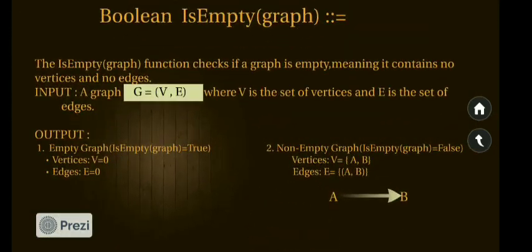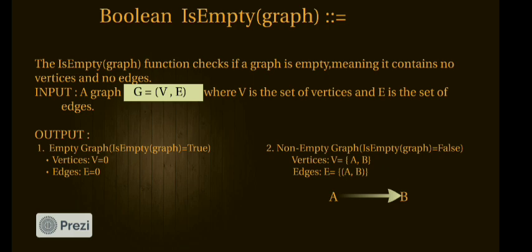The next function is Boolean isEmpty of graph. The isEmpty of graph function checks if a graph contains any vertices or edges. The condition to be checked here is that a graph is empty if there are no vertices or if all the adjacency lists are empty. In this example, we have considered a graph G, where V is a set of vertices and E is the set of edges.